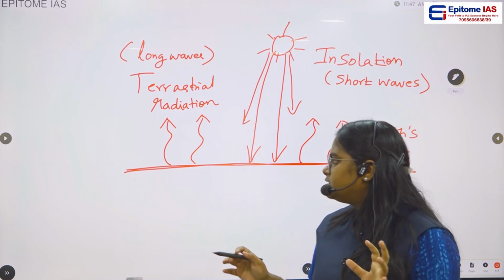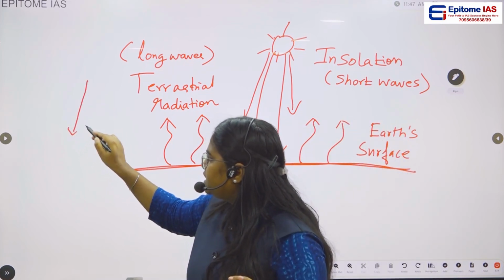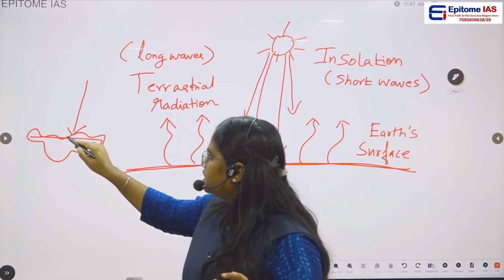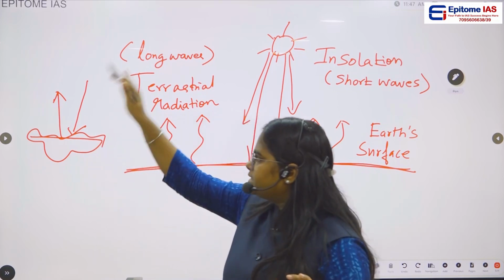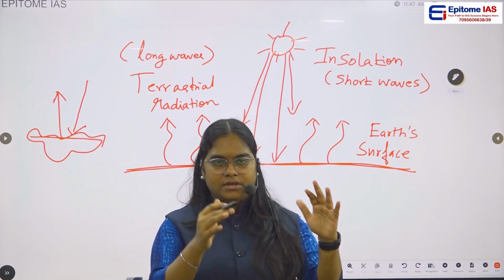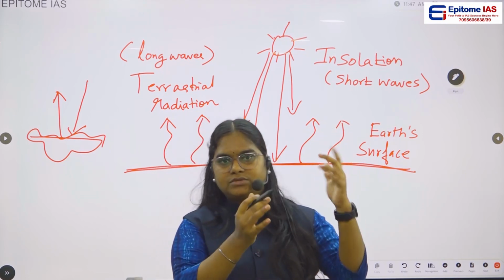What is the difference here? Let us say the solar radiation is coming and these are the clouds. The clouds directly reflect back the solar radiation, just like a mirror, directly back to the space.